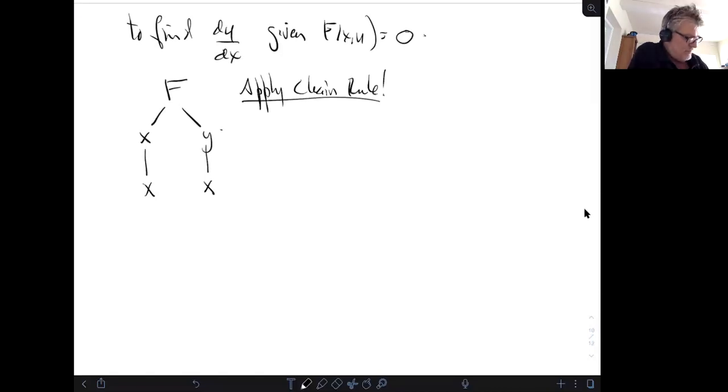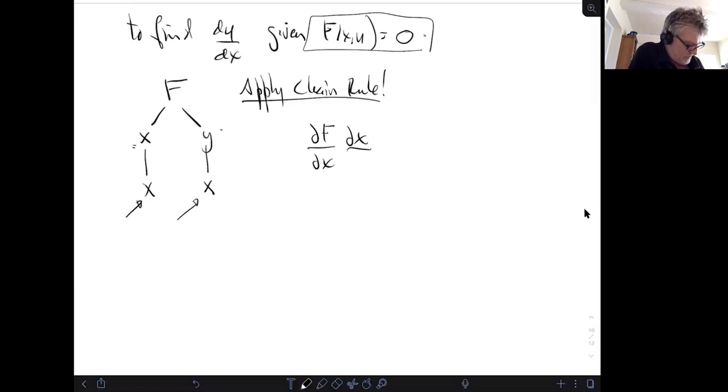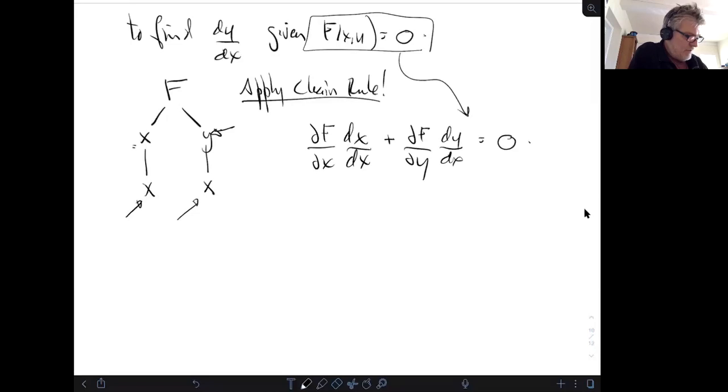If I'm taking the derivative on both sides with respect to x, this will be del f del x. Now this is the x over here. You might rename it if this becomes confusing. It's a one variable derivative, so dx dx, plus del f del y, the y which is here, dy dx, and the derivative here is 0.